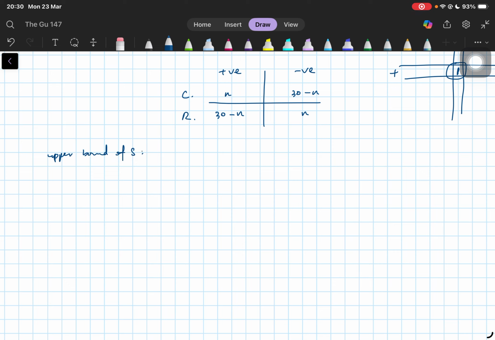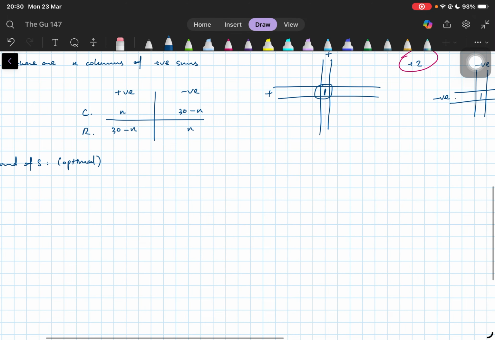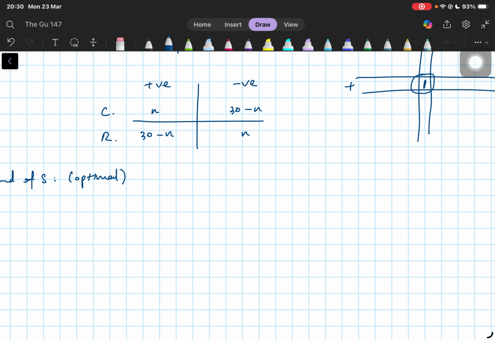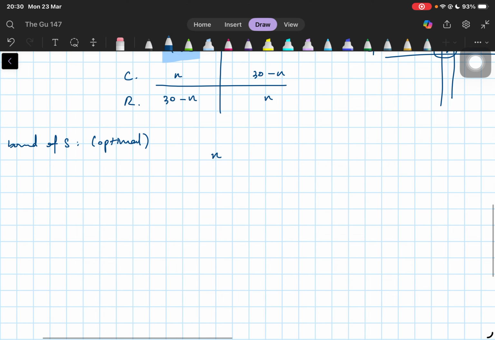Here we are trying to think very optimally. For the positive ones, the number of intersections of positive columns and positive rows is going to be n times (30 minus n).